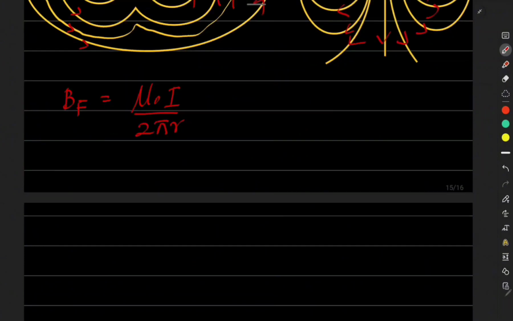If we consider the force on the conductor of I2, it will be F equal to B I L. Here the magnetic force acting by the other wire is mu naught into I1 divided by 2 pi r, into I2 into L, the part acting on it.